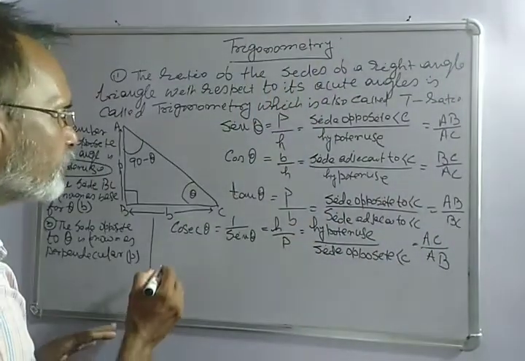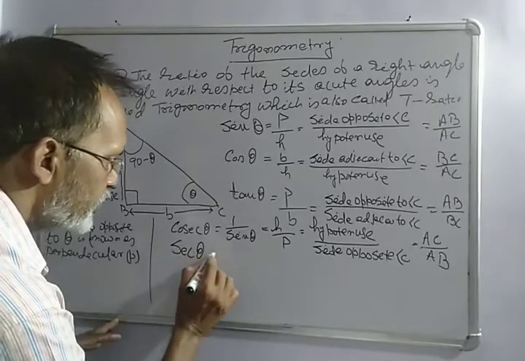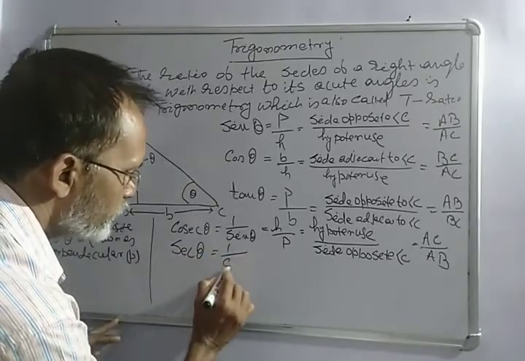After cosec theta, that is sec theta. Sec theta is equal to 1 by cos theta.